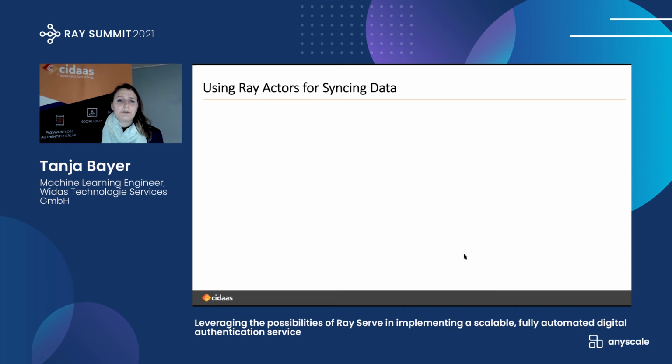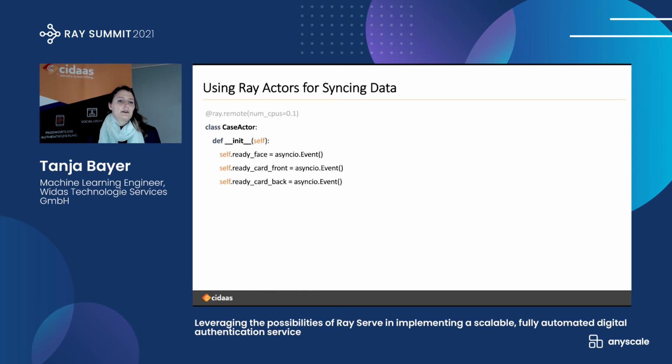Our Ray actor is only there for communicating and triggering events, and also slightly for syncing data in between different tasks. So it is not really CPU heavy, and that's why we assigned 0.1 CPU resources to it. When initializing the actor, we need to make sure that we're providing asynchronous events.